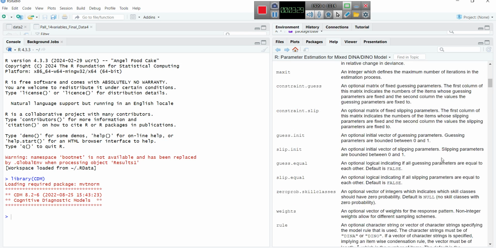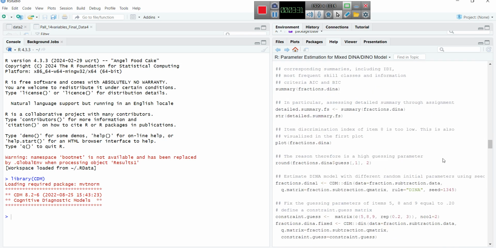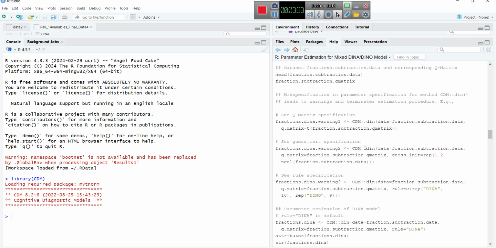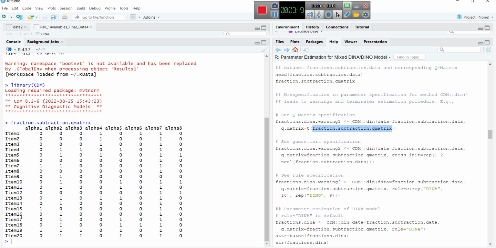For example, in this package, for this function, we have a sample Q matrix that is called the fraction subtraction matrix. It's a Q matrix that's already specified by experts, and the researcher already specified the matrix.